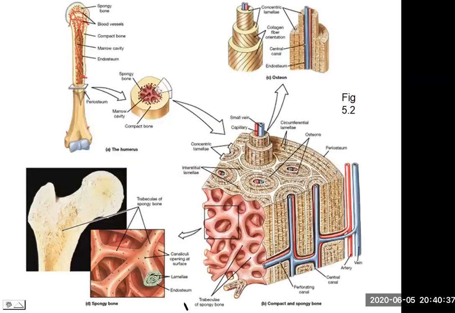And just a visual of that here. We have chapter 5, this figure here. And yeah, this happens to be a femur. So we can see deeper inside, as we just mentioned, and enlarged here in magnification, where you see just the network of little struts, but there's a lot of open space. That's the appearance of trabeculae, the spongy bone structure.